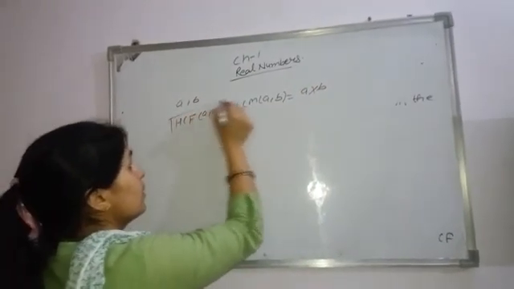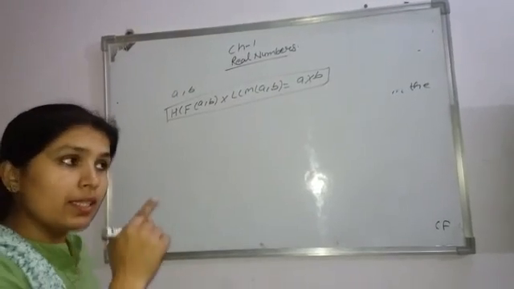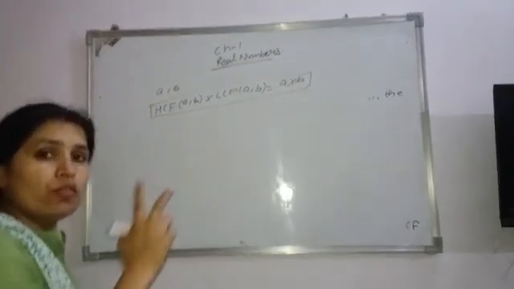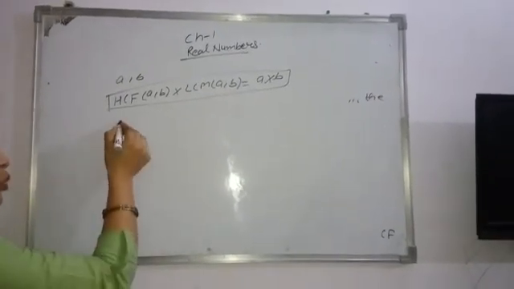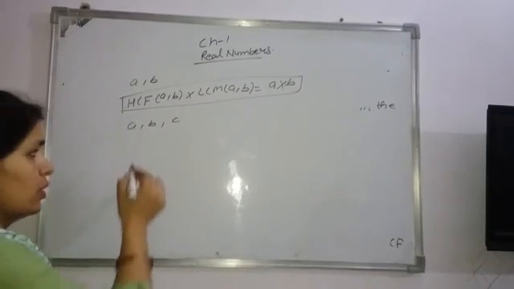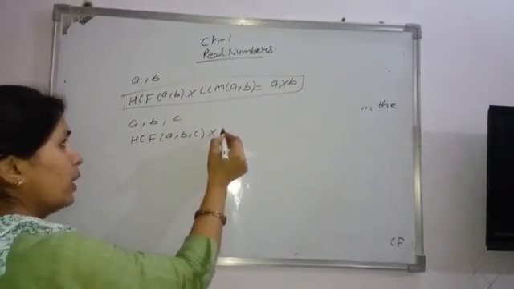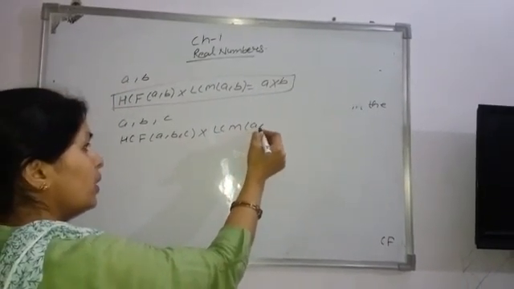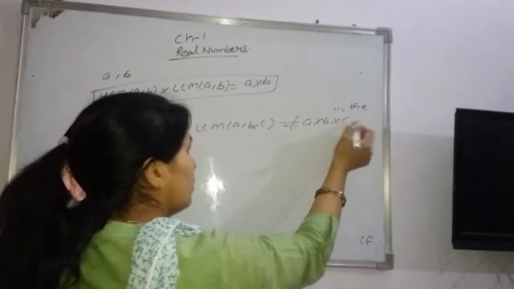This relation is very important, and it exists only for two numbers. It does not exist for three numbers. Suppose we have three numbers A, B, C, then we cannot use this relation. It means HCF of ABC into LCM of ABC is not equal to the product of ABC.